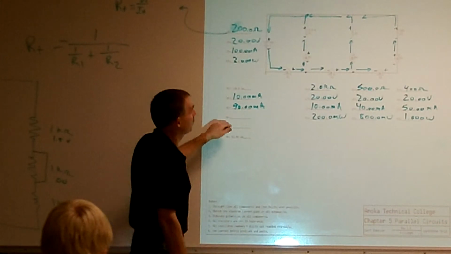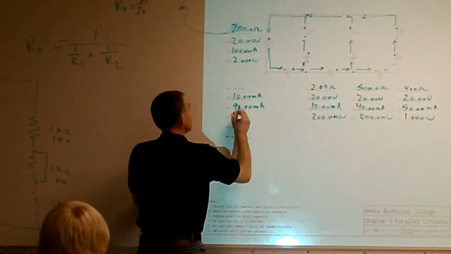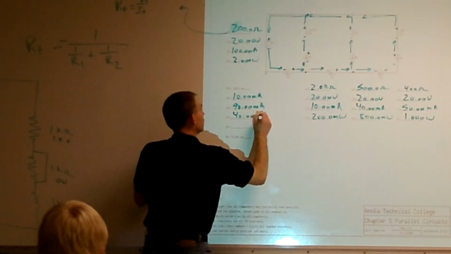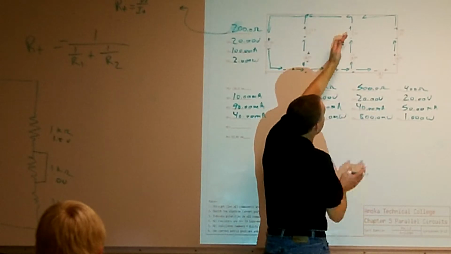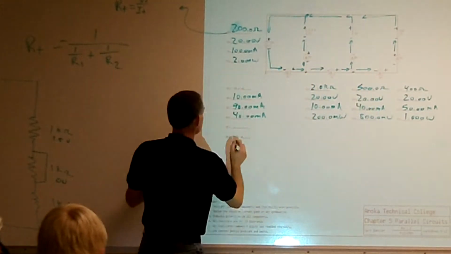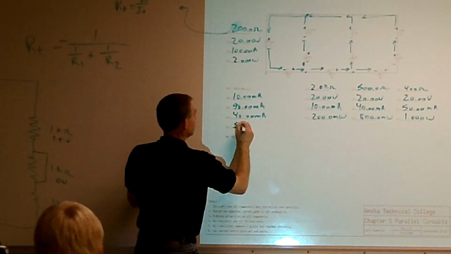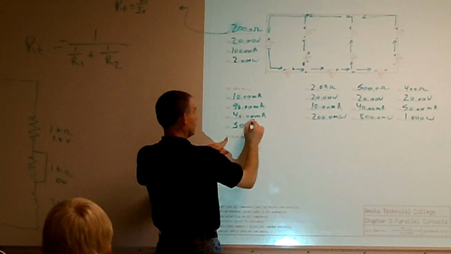And then M4, how much current is going through M4? 40 milliamps. The remainder was going through R3, and that was how much? 50 milliamps.